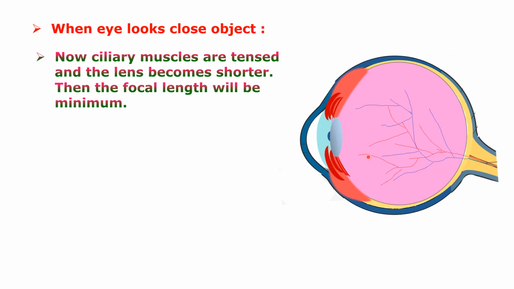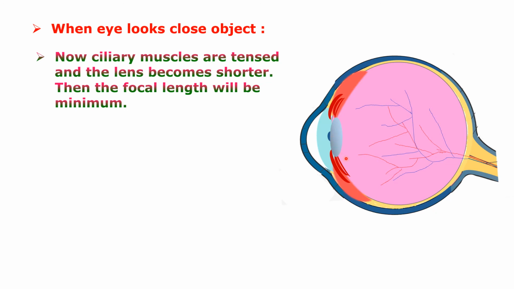See here how the ciliary muscles are contracting, isn't it? You can compare this size with the previous size. Earlier the size of the lens was more, now it is less. The size has become smaller. When the size becomes smaller, the focal length becomes less.